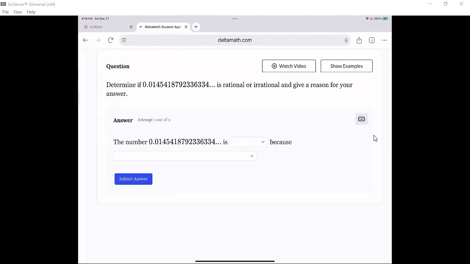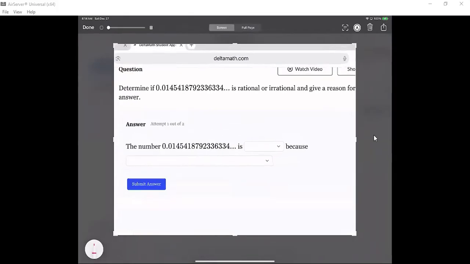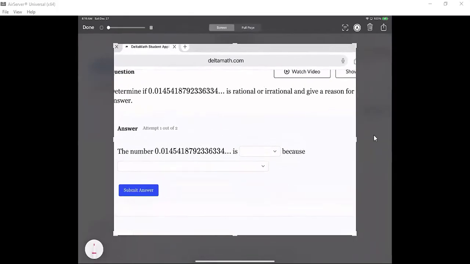All right, so I'm going to use this one on the screen to show you. Let me make this a little larger. They're basically saying determine if this number is rational or irrational. In order for it to be irrational, there are two conditions that it has to meet. One, it has to have a decimal that goes on forever, doesn't terminate.